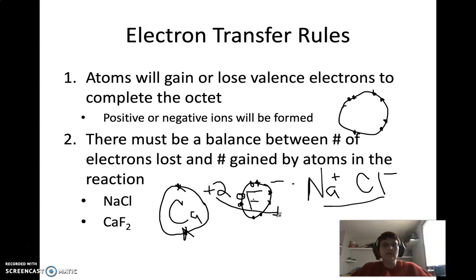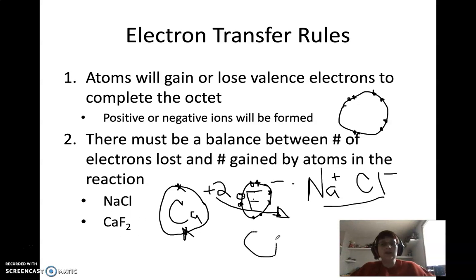travels right here to make the formula, because we're going to need 2 of these to balance out the number of electrons. Because we have +2, we're going to need 2 negatives to balance out the number of charges. So we get 1 calcium to 2 fluorines.